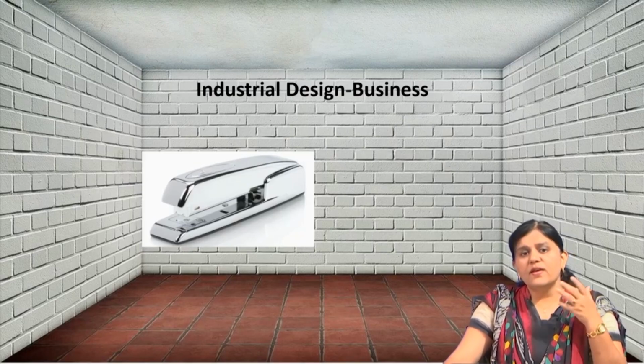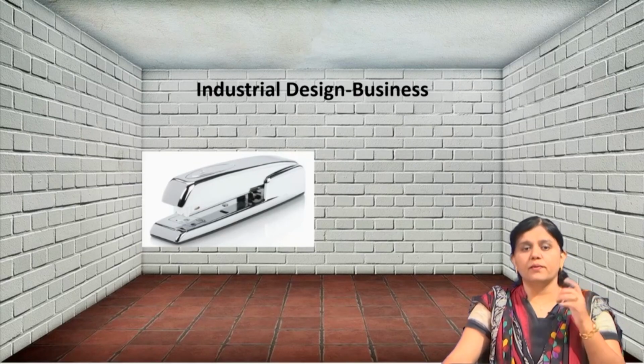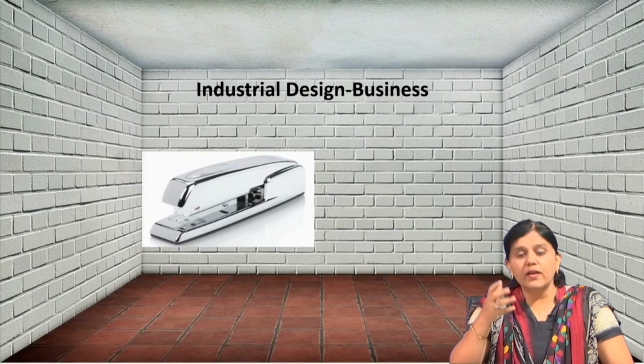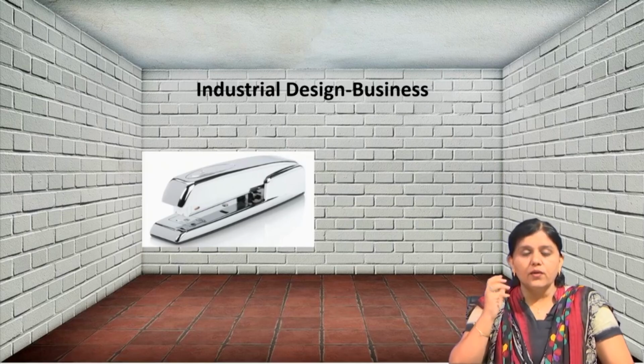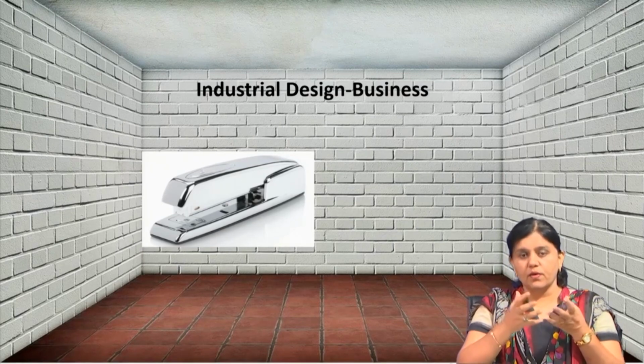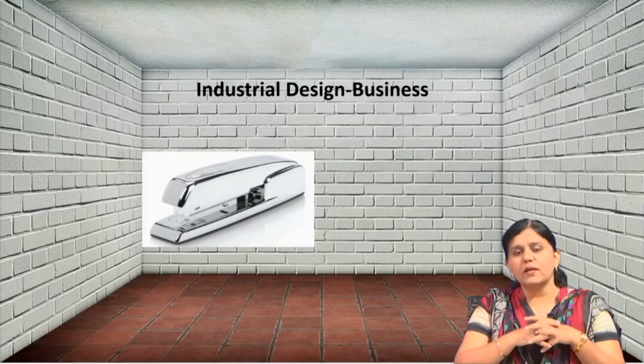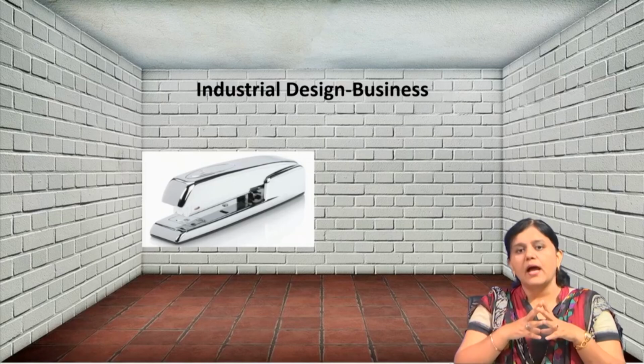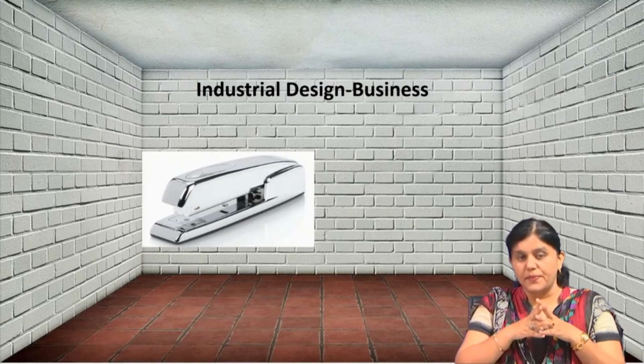Now, why have we seen all these examples of designs? Because you can see that these are products which are available in the market, and you are using a particular product depending on the appearance, which is making the value addition, and this is helping in the business.